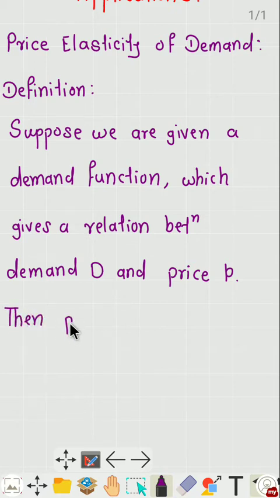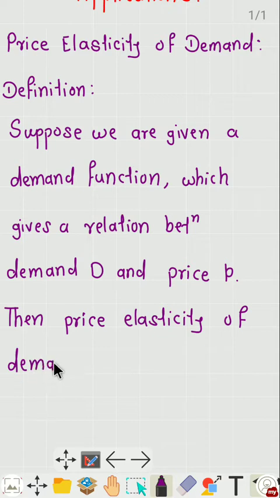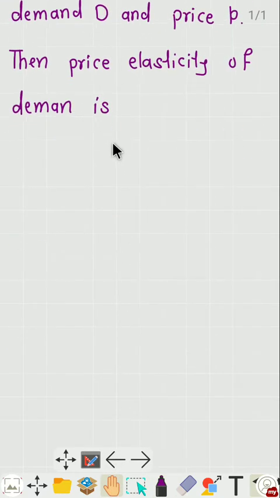then the price elasticity of demand is given by the formula.